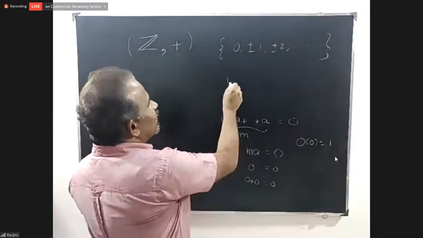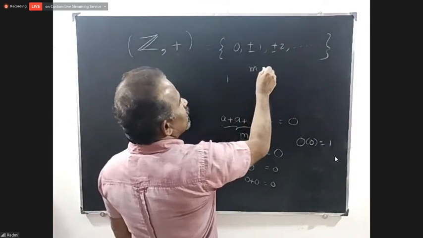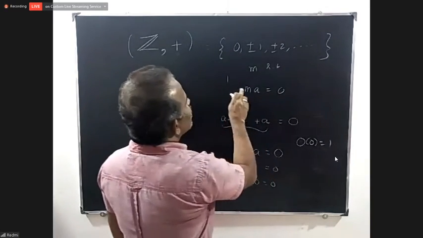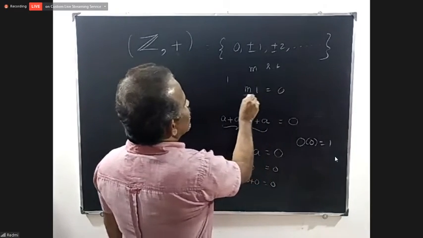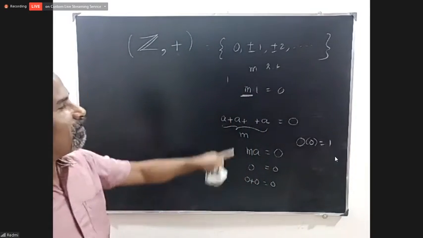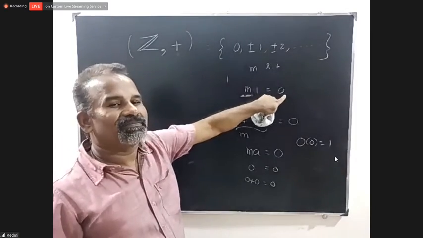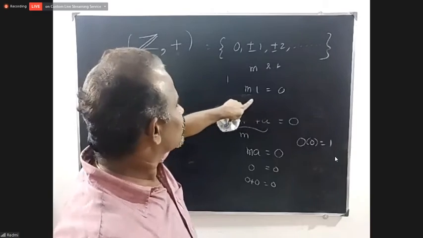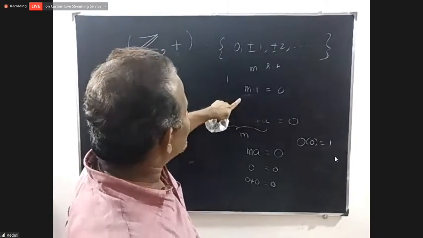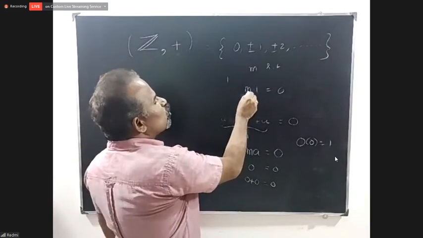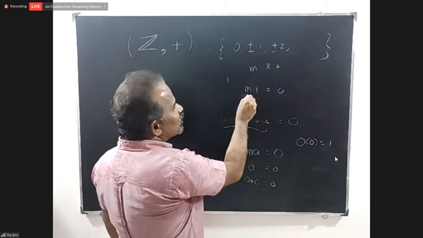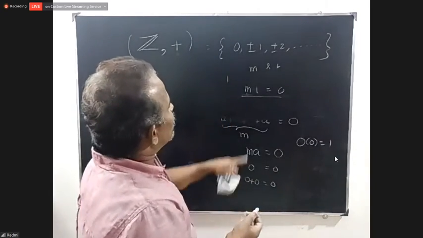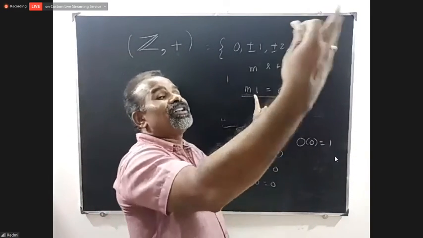Can we find any m such that m a is equal to 0? m times 1 is equal to 0. Can you find any positive integer m which satisfies this condition? The answer is no. So there is no such positive integer m which satisfies this condition. So 1 is of infinite order.